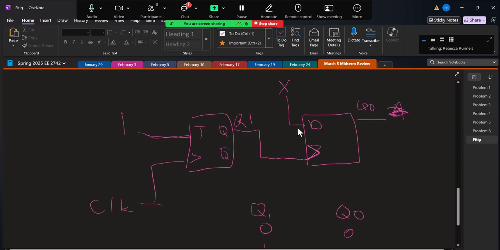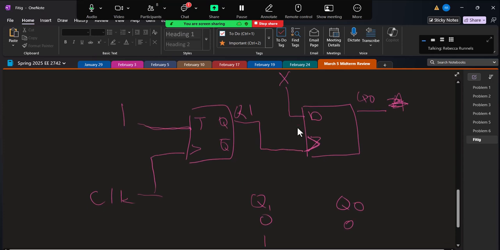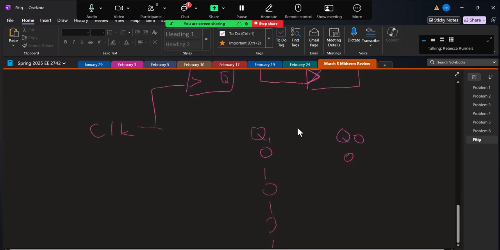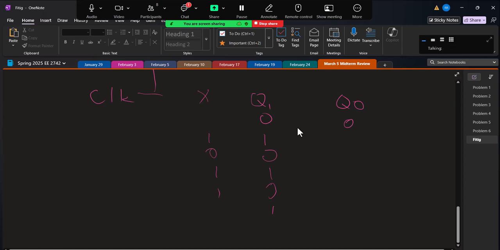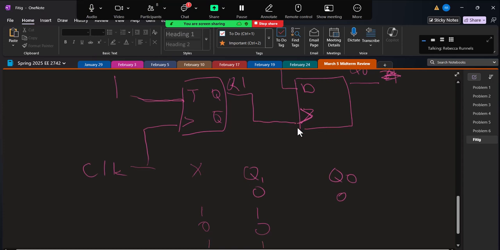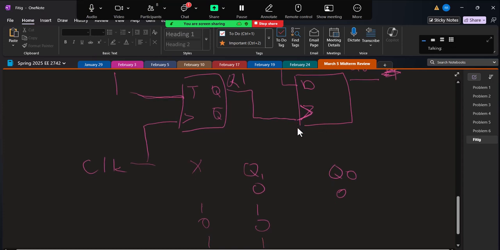The hard part is what Q0 does, and that's going to depend on X as well. I'm just going to say X has the values 1, 0, 1, 1, 0, and those are just given. At this point, the input into the clock for the D flip-flop is the output of Q1.